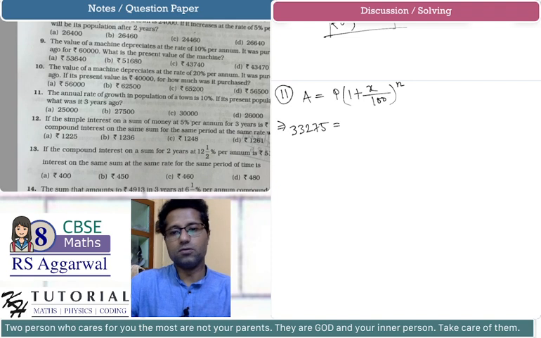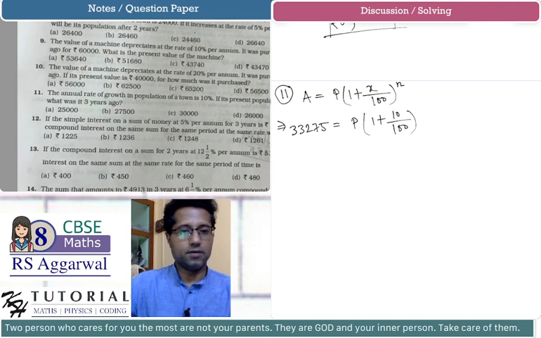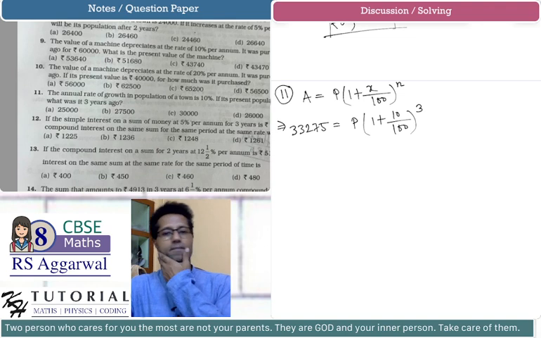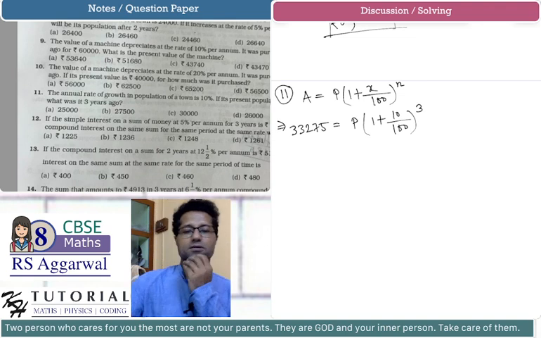33275 is equal to, we have to find P, so 1 plus the rate of growth of population, given to be 10 by 100, and n is 3, because we have to find the population 3 years ago.